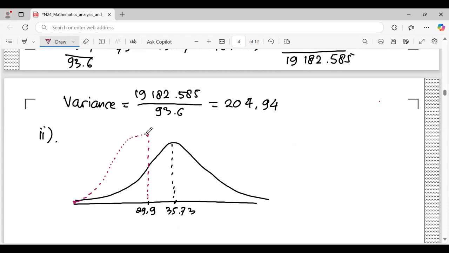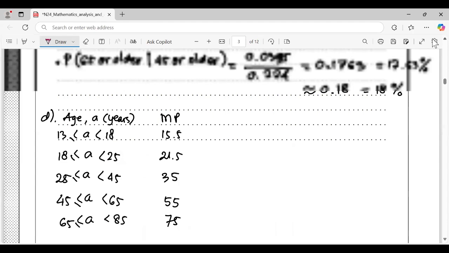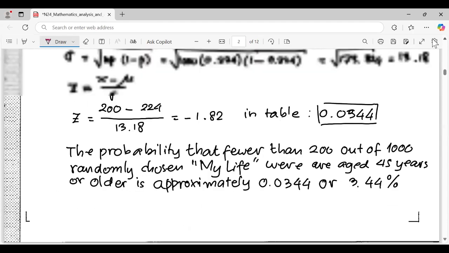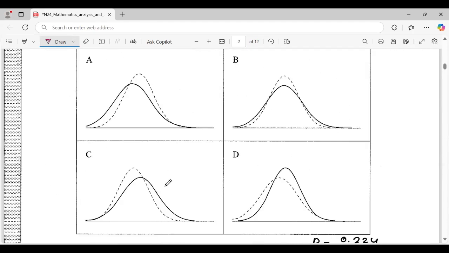The dotted line. Okay, that's one. Okay, so let me see the options. I want this one, C. Okay.